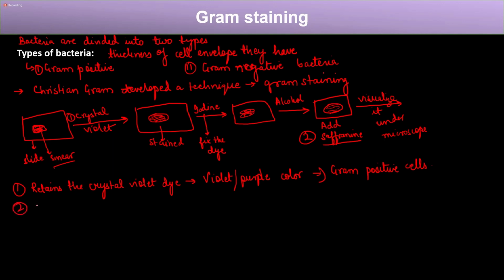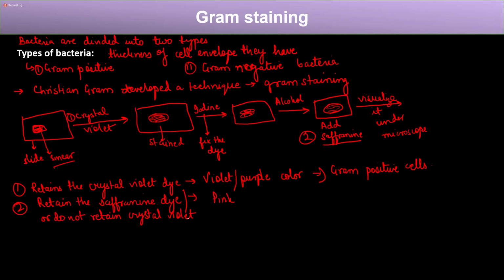Now, the second type of cell will be one that will retain the safranin dye because you have added safranin in the end. So these are the ones that do not retain the crystal violet, and these will appear pink in color because safranin is pink in color.